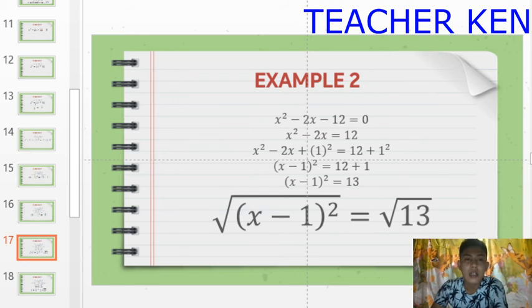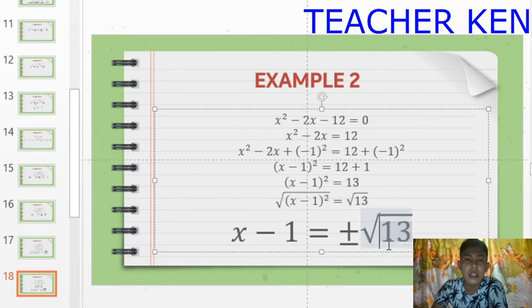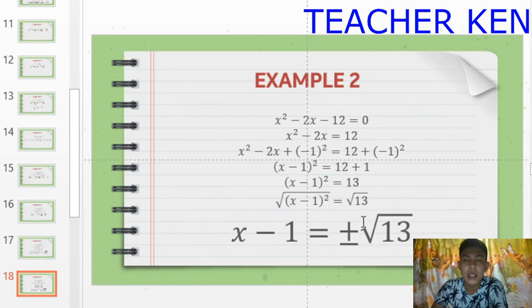So matatanggal yung exponent natin na 2 at saka yung radical sign. Ang maiiwan is we have x minus 1. Then we have the positive minus square root of 13. So hindi nakalabas si 13 sa radical sign kasi hindi siya perfect square number. Ayan. Okay, so ito na yung equation natin ngayon.